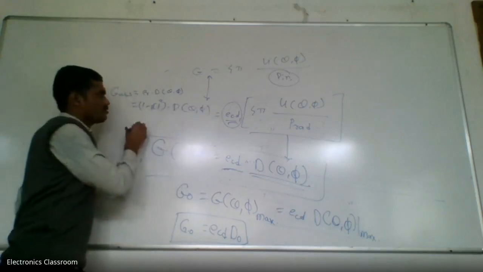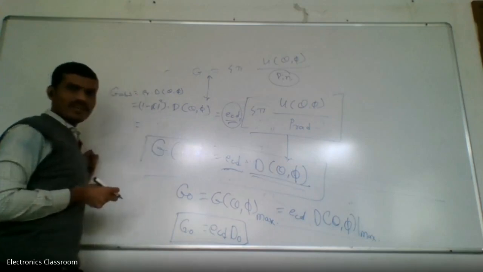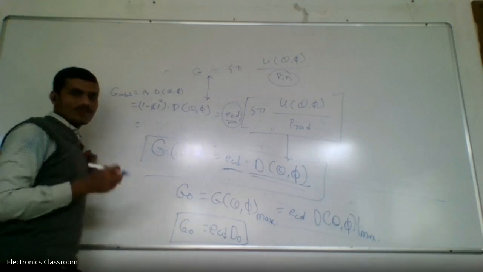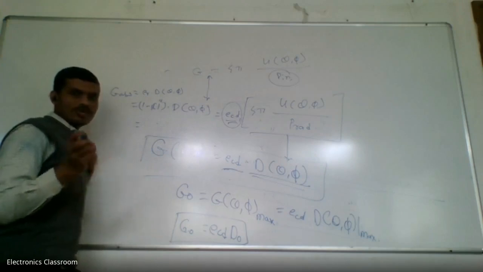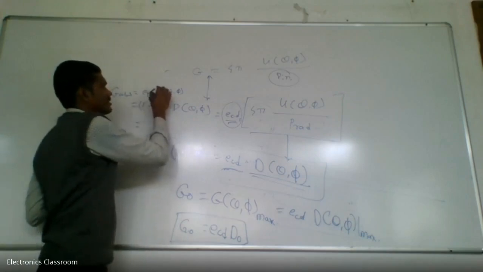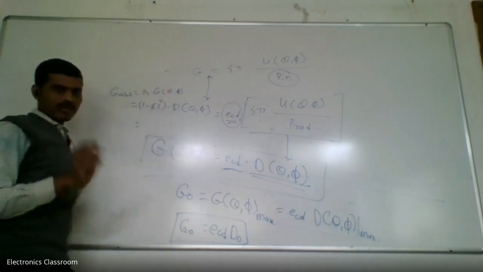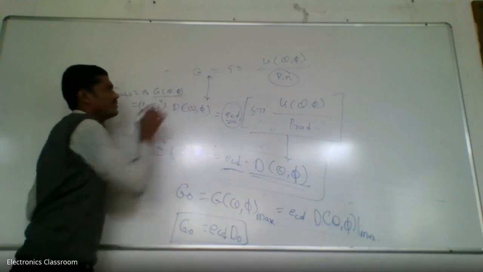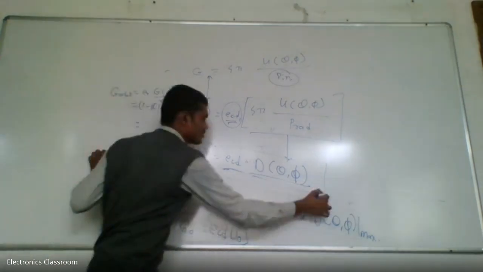Now this can also be rewritten by using an equation. What equation? Your 1 minus tau square into G. Sorry, instead of D, there is G, not D, when we are calculating the absolute gain. But we know the G theta into G theta, this equation.